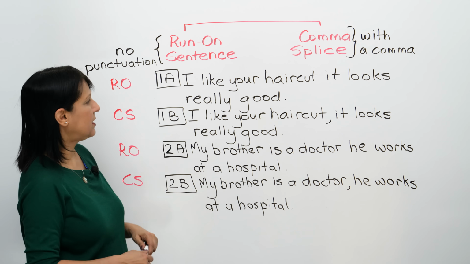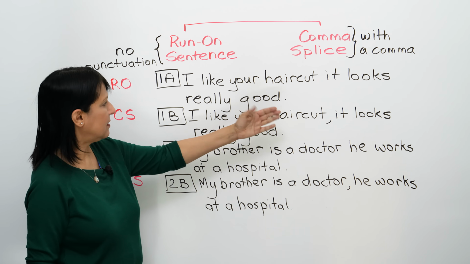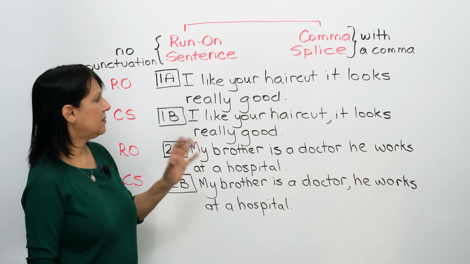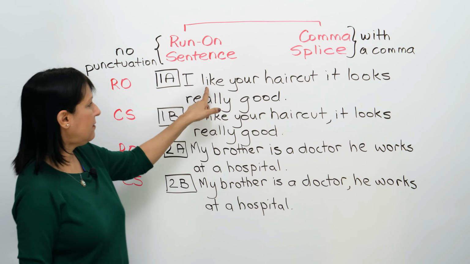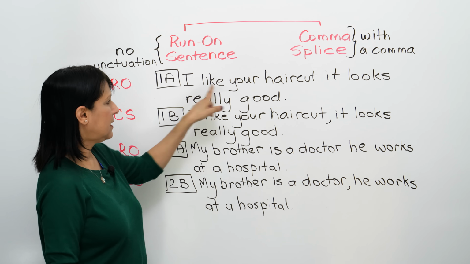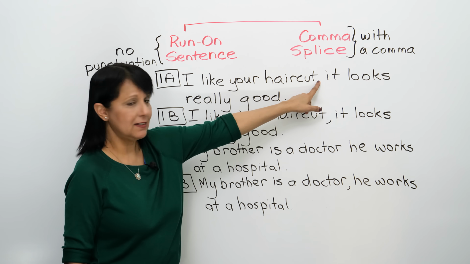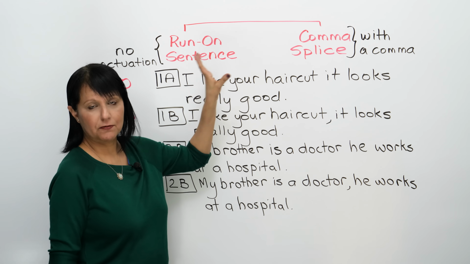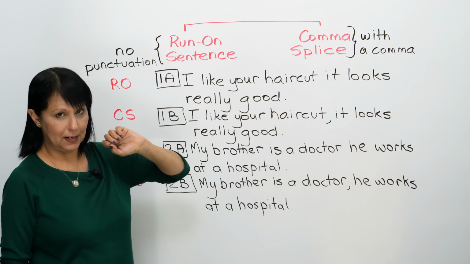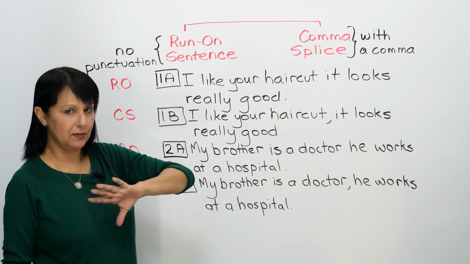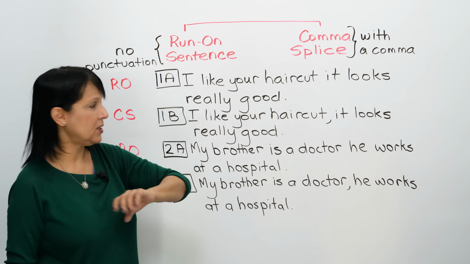So, the first one. I like your haircut. It looks really good. Now, what happened here? We have a subject and a verb and a sentence here. I like your haircut. So this sentence is really a sentence by itself. It should end there in some way. Okay, later we're going to look at exactly how to fix it. There are a few options.